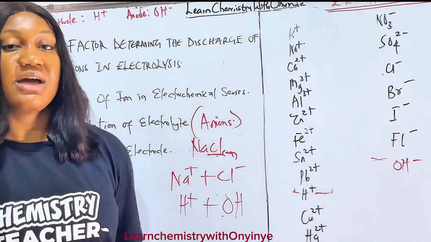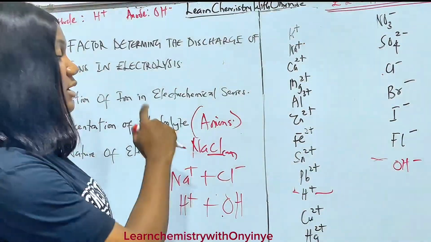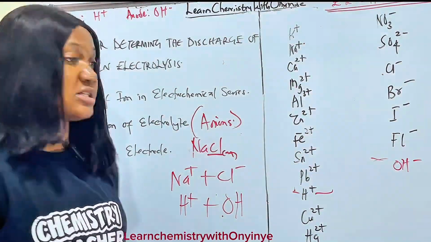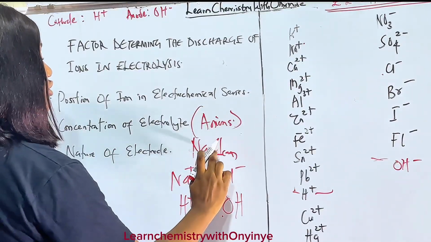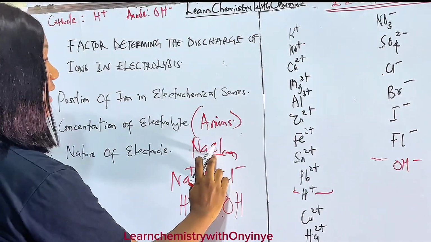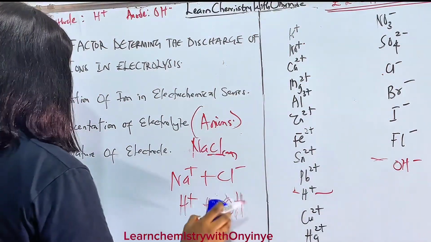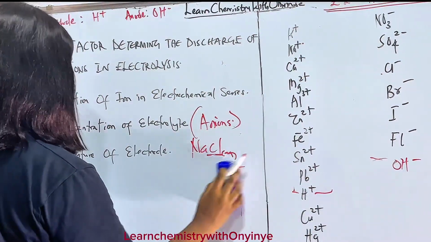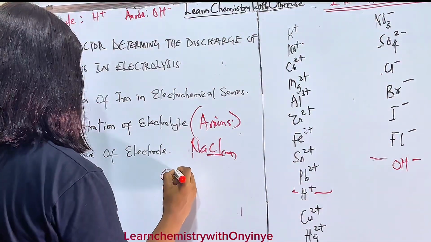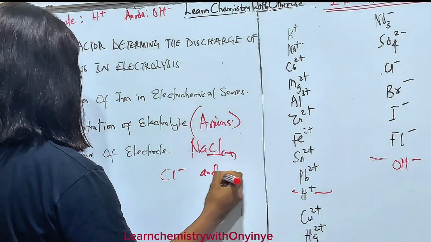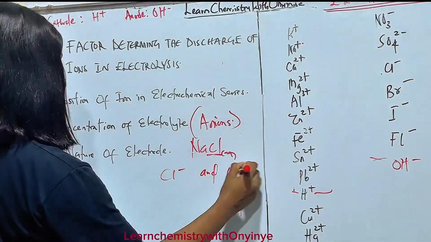Sodium. However, at the anode, because this involves a halogen, you're going to have two anions here: chlorine and OH minus.